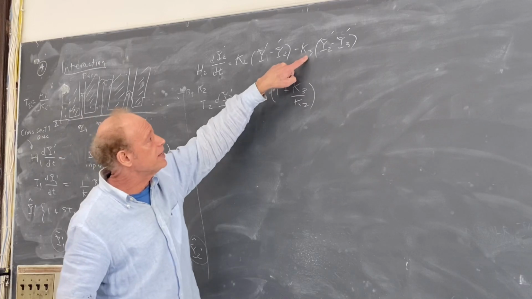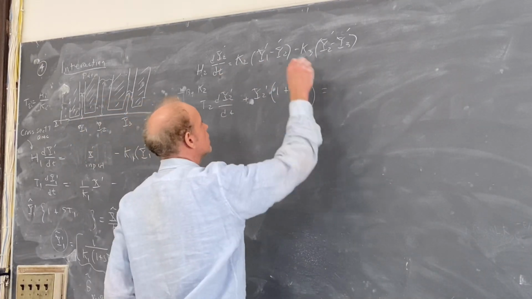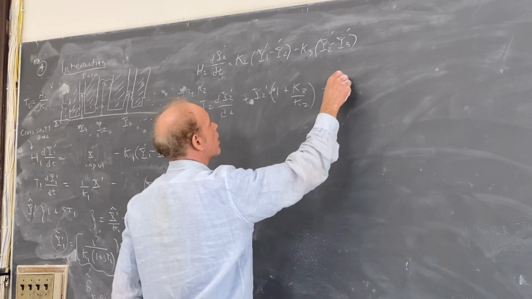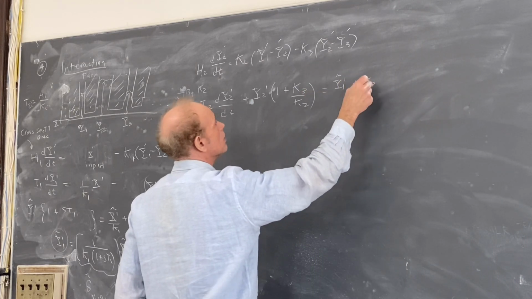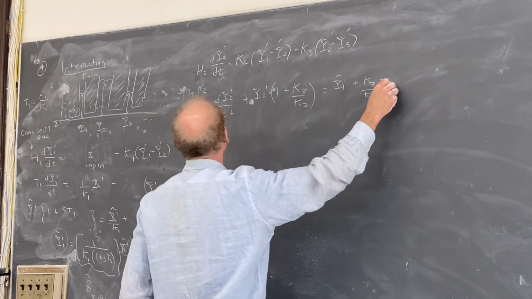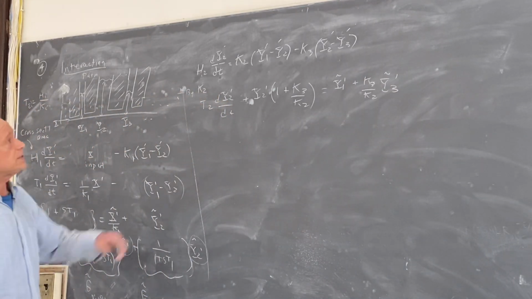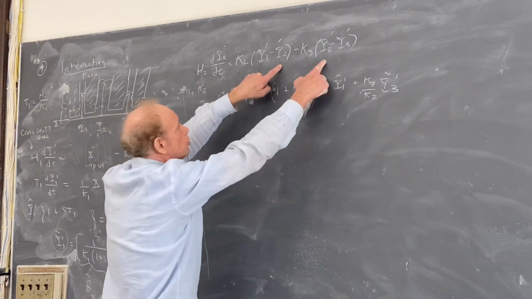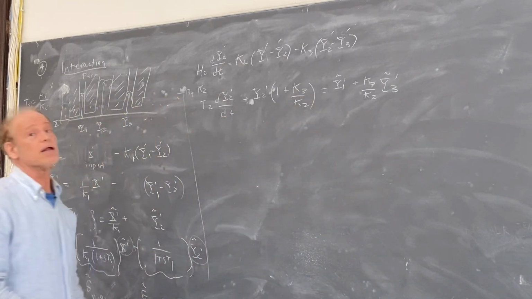I divided by k2, and I moved this to the other side. And what's left on the right is equal to y1 prime tilde plus k3 over k2 y3 prime tilde. So all I did is I divided by k2 and moved these two terms to the other side of the equation and left what's there on the right.